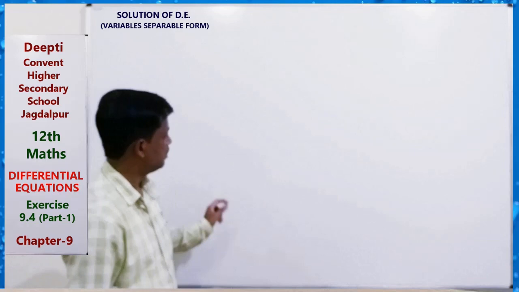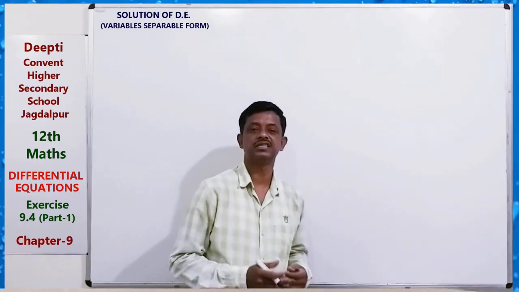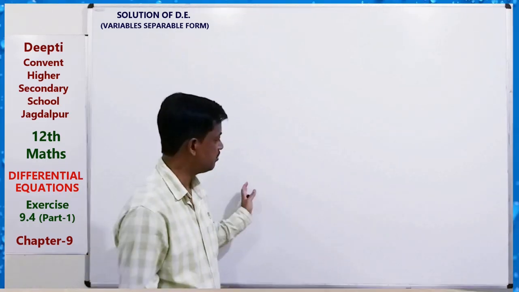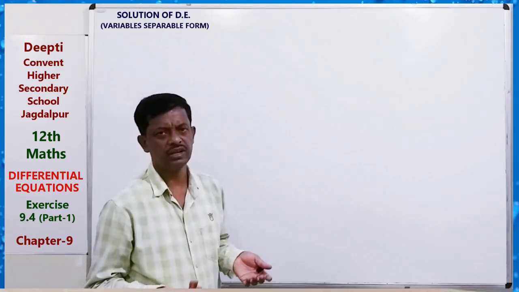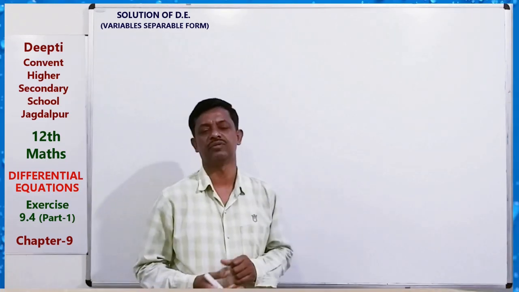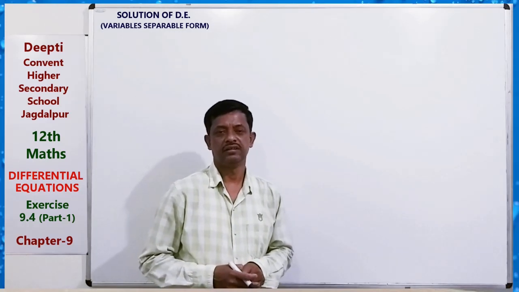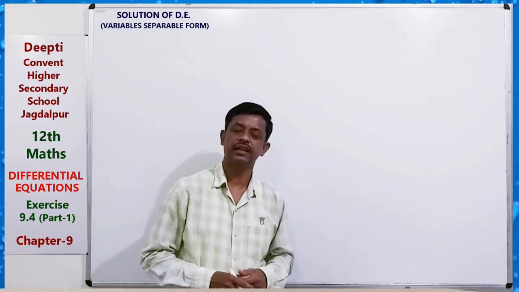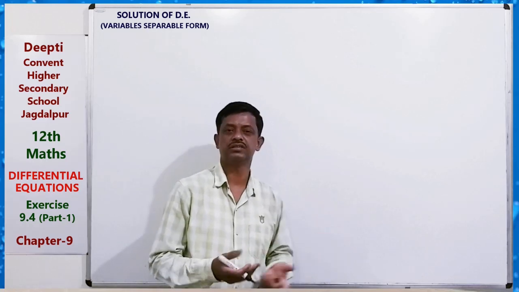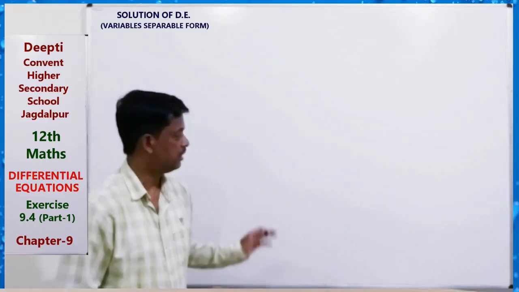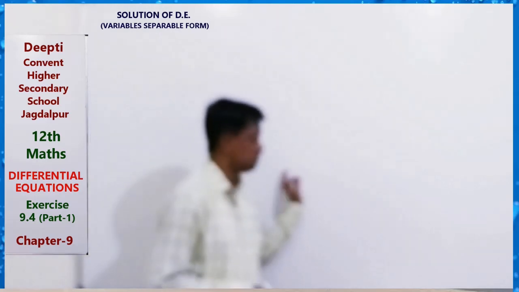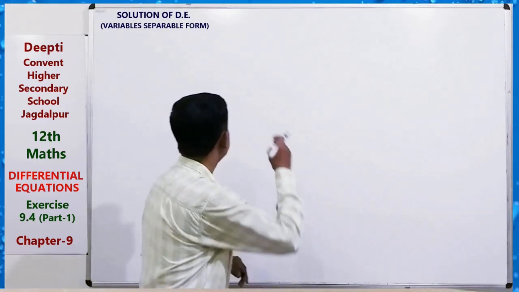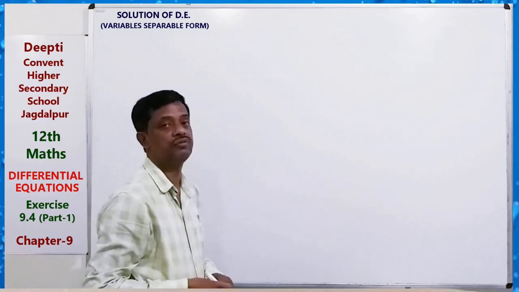That is, when in a differential equation we can separate the variables, the dependent variable and the independent variable, x and y, with their differentials, then we say that the equation is of variables separable form.